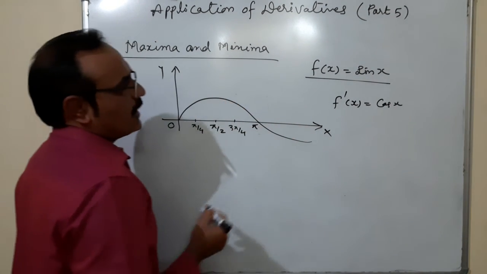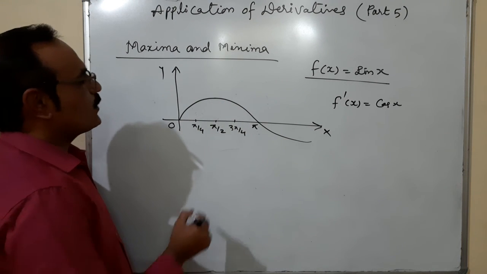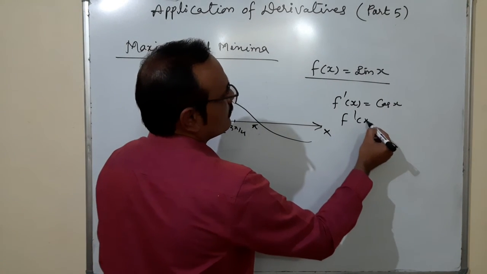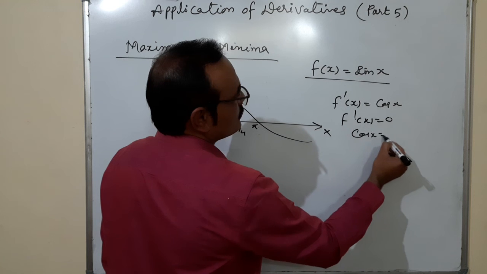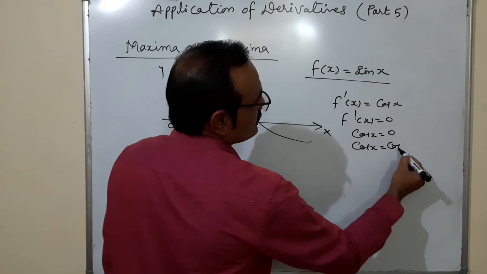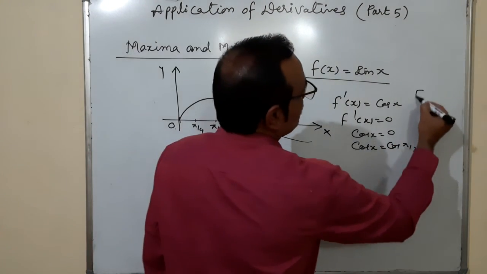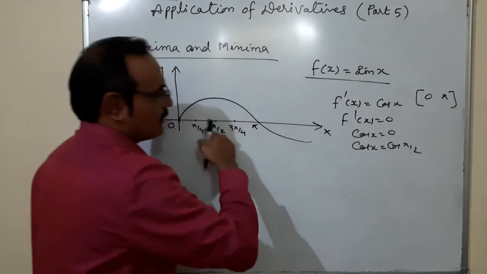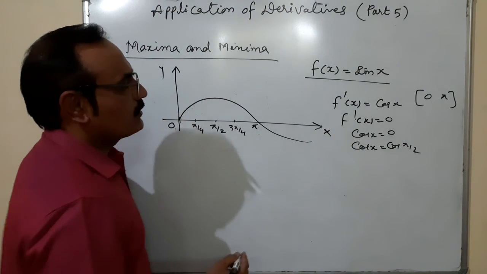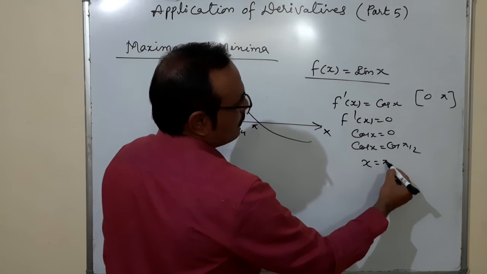We want to find the point where the tangent is parallel to the x-axis, so f dash x is equal to 0, which means cos x is equal to 0. We are talking about the interval 0 to pi. So cos x is equal to cos pi by 2, that means x is equal to pi by 2.